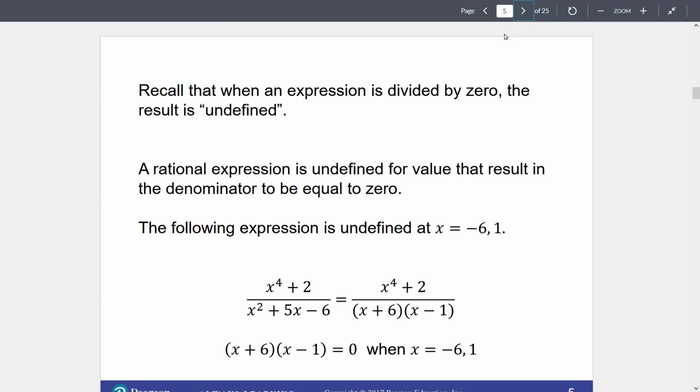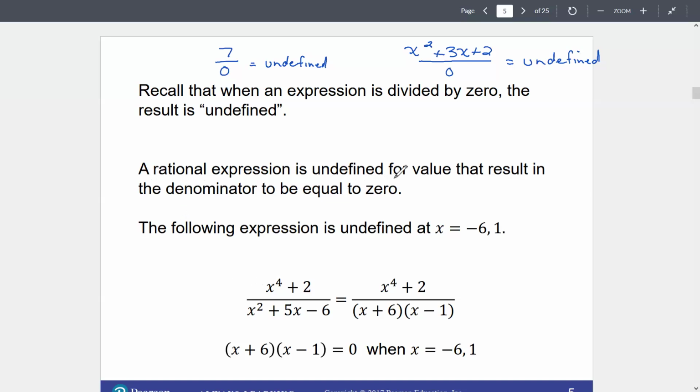So recall that when an expression is divided by 0, the result is undefined. If I had 7 divided by 0, that was undefined. If I have x squared plus 3x plus 2 all divided by 0, that would also be undefined. So what we're looking for is when something would be undefined.